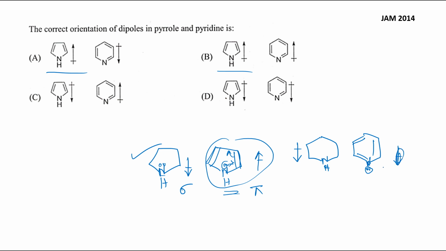Here the sigma moment is ultimately what you consider, and that is why its direction will be downward, and that you can find in option A and option D. But in D it is not matching, so that is why the first option should be the correct one.